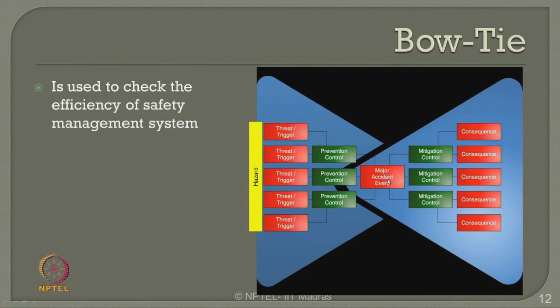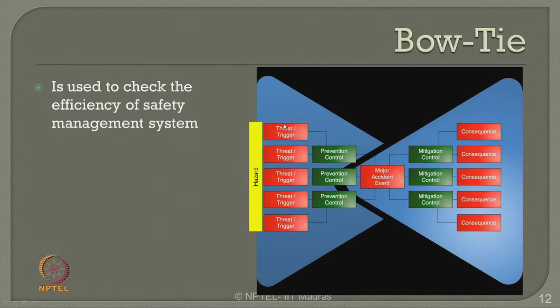Now, the question is, when you talk about an accident, it can be an incident, it can be an event, it can be a major accident. So, one can easily find out the probability that these triggering events which arise from a hazard scenario, though available prevention control measures exist, can result in a major accident.